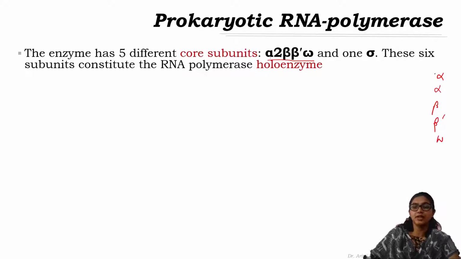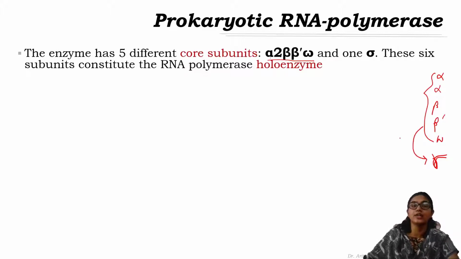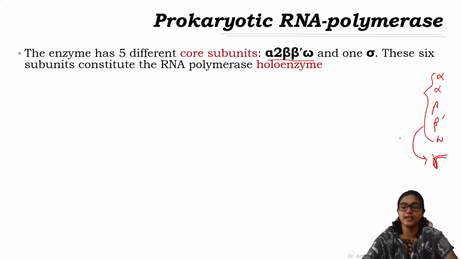These 5 form the core enzyme. Along with that there is 1 sigma subunit. The sigma subunit along with the core enzyme forms the holoenzyme, the total enzyme.